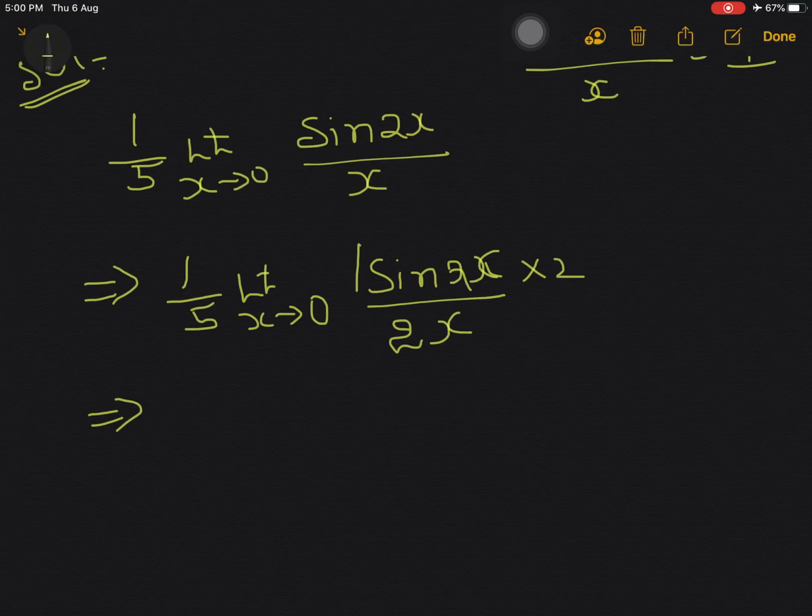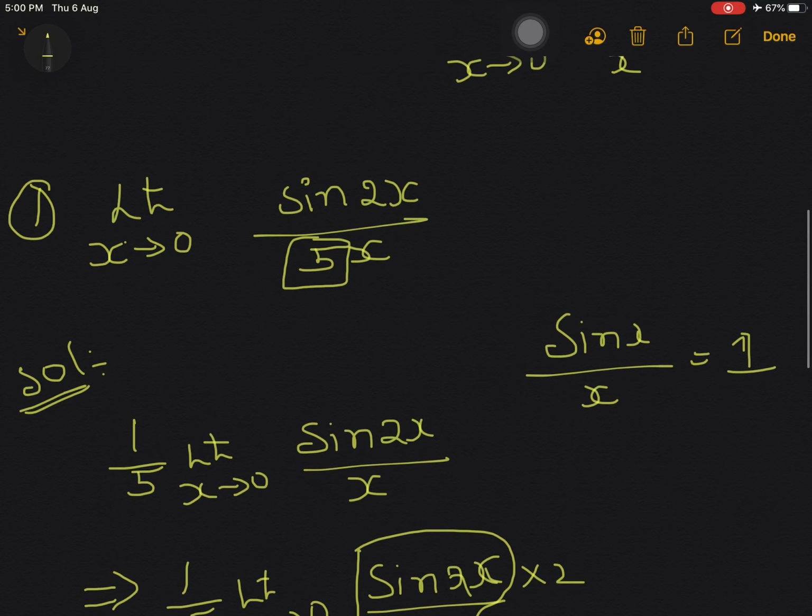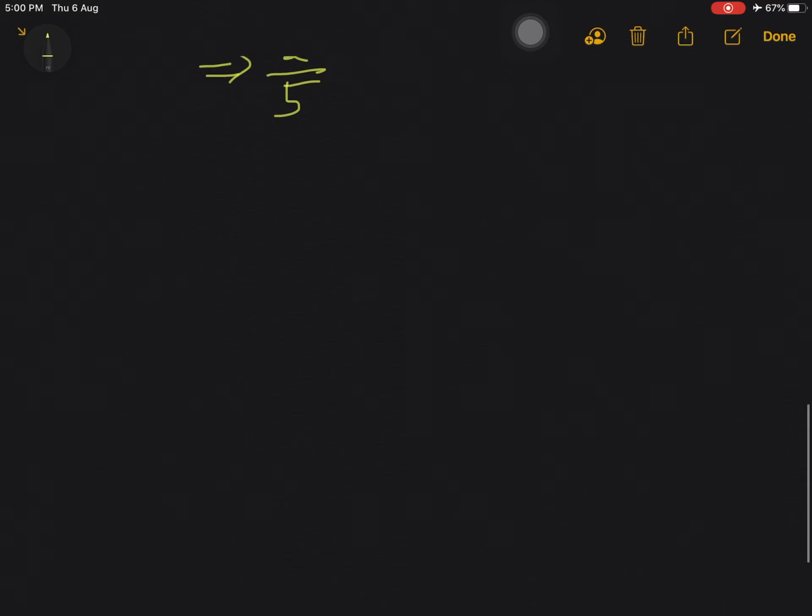Here sin of 2x by 2x is equal to 1. So 1 by 5 into 1 into 2 is equal to 2 by 5. Limit x tending to 0 of sin of 2x by 5x is equal to 2 by 5. I think all of you have understood this question.